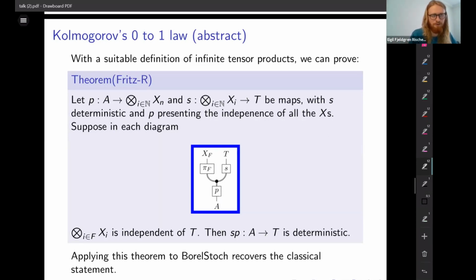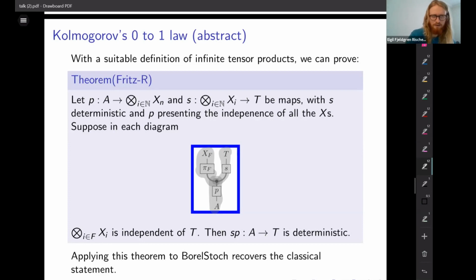Now you also need a definition of independence for infinite families and for parameterized things, but don't worry about that. Suppose further that in each diagram like this, where you generate your x's according to P, then you copy them, you measure the T, and then you pick out some finite subset of your infinite family of variables.